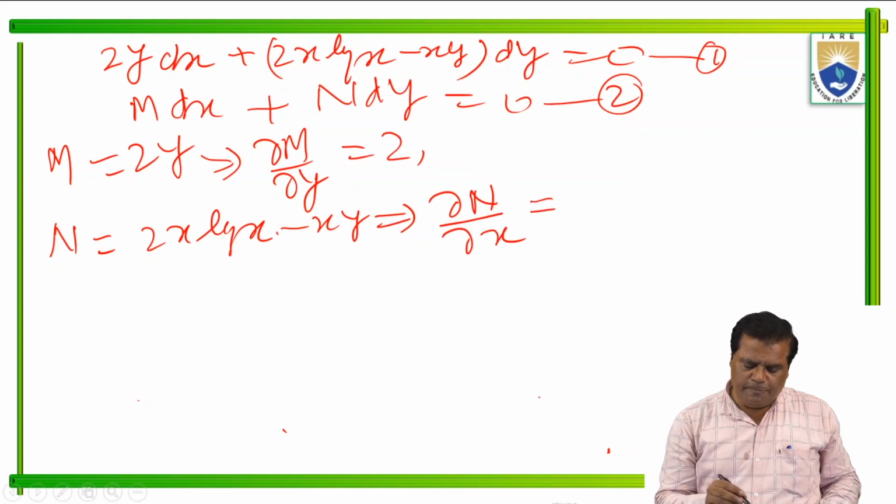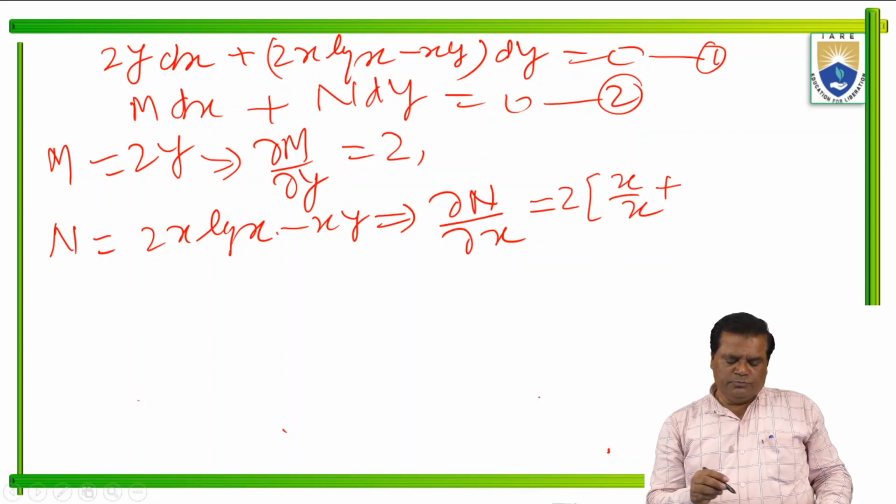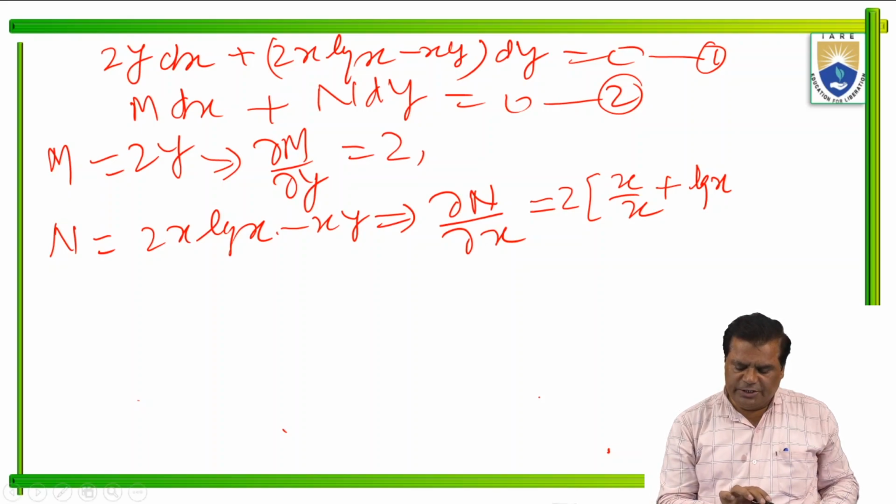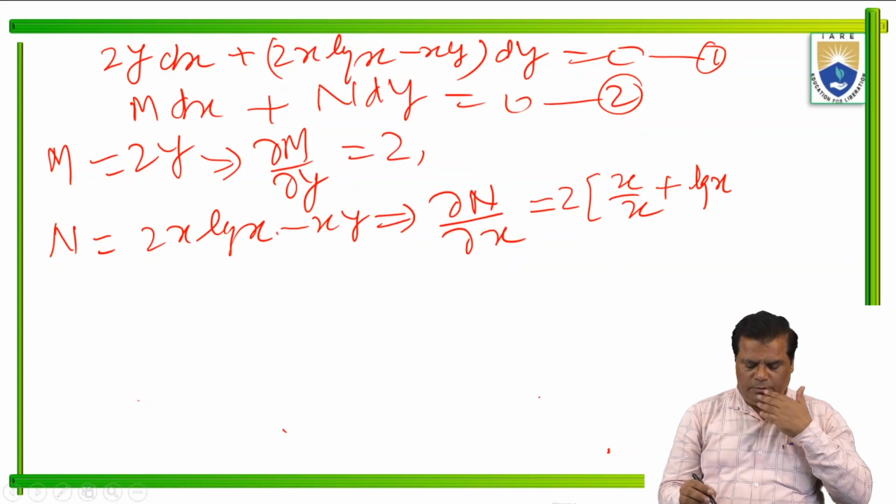So this equals differentiating with respect to x: 2 times x upon x plus log x into 1, and for y, differentiating with respect to x with y as a constant, minus y.